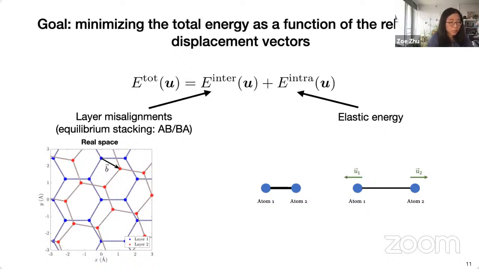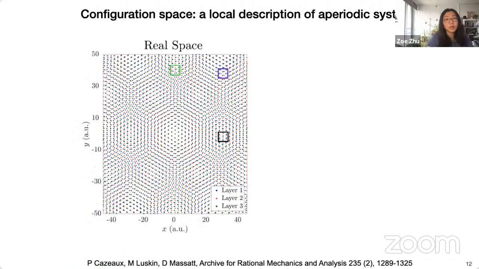So this is very good and clear, but of course our difficulty is, again, the aperiodicity. Instead of looking at the real space, we go to a more local description of the system in order to have a more accurate description without a supercell approximation. As an example, here is a picture of the real space, and we can zoom in near the three spots locally here.